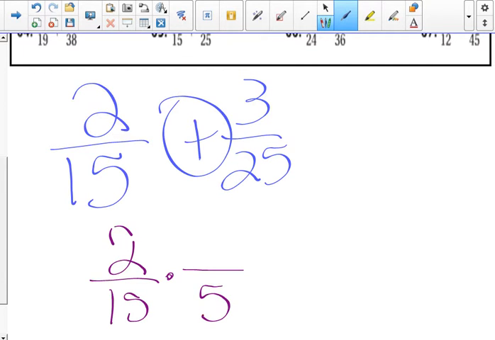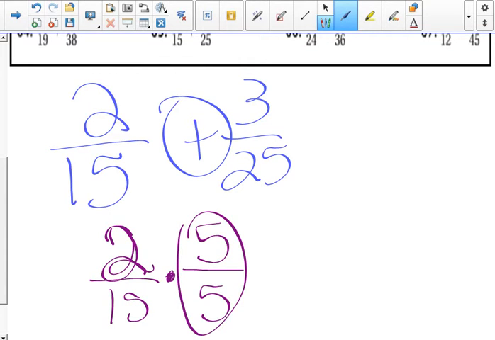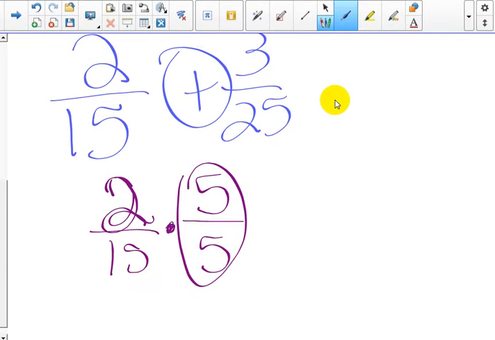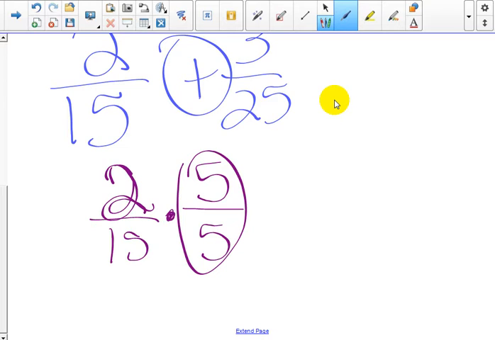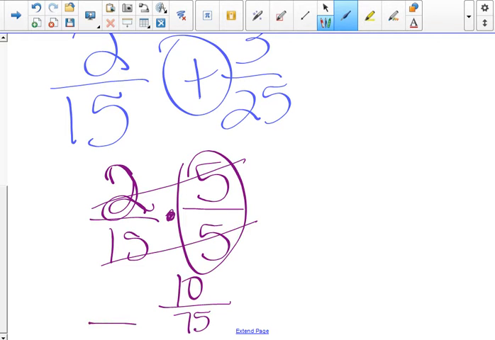And if I multiply the denominator by 5, I have to multiply the numerator by 5. Because what have I done to this fraction of 2/15? I've just really multiplied it by 1. But I'm making 1 fit our needs, because when we multiply this together, you're going to get 2 times 5, which is 10, and 5 times 15, 75, which is what we're shooting for. We're trying to get this common denominator.